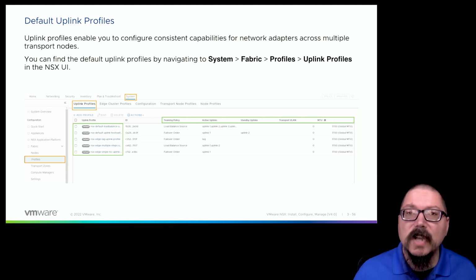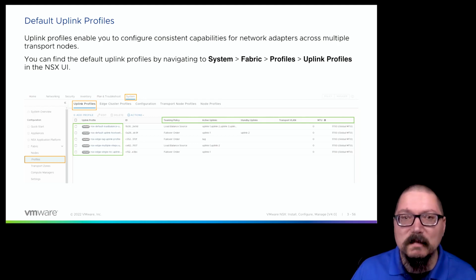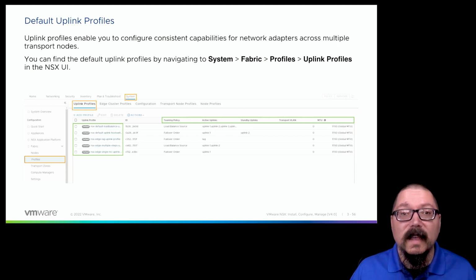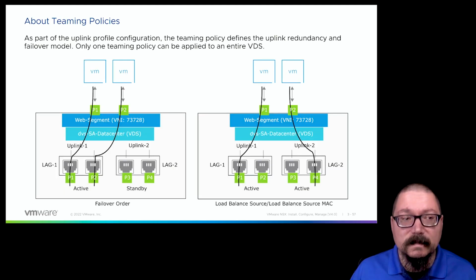I cannot change any of these default uplink profiles, so I can't just look at one and say, I like that, I want to use that, except for maybe this one thing, like the transport VLAN, because the transport VLAN on all of these defaults is 0, or no VLAN. I can look at these defaults under my uplink profiles under System, and see what we want to use, or I can create new uplink profiles here and configure them as I believe to be necessary.